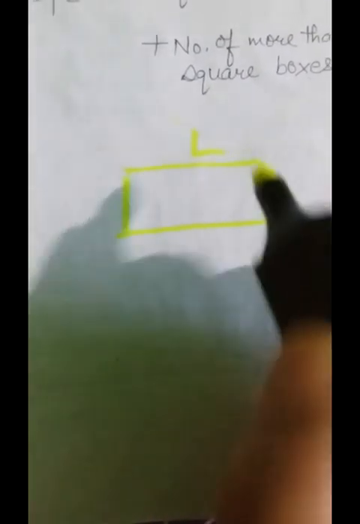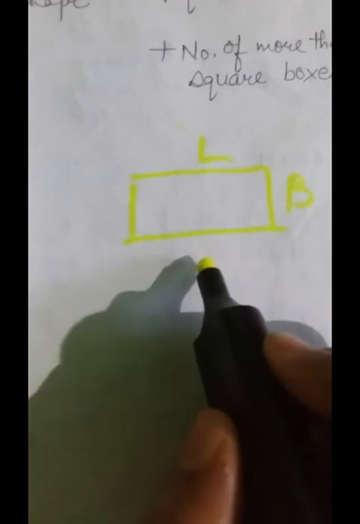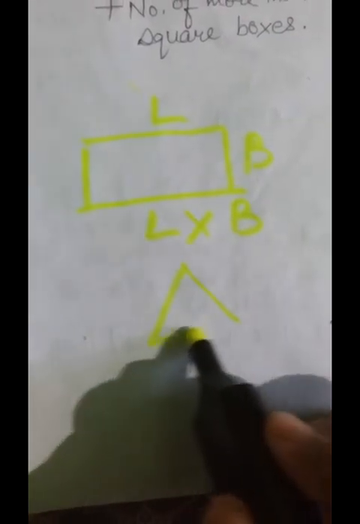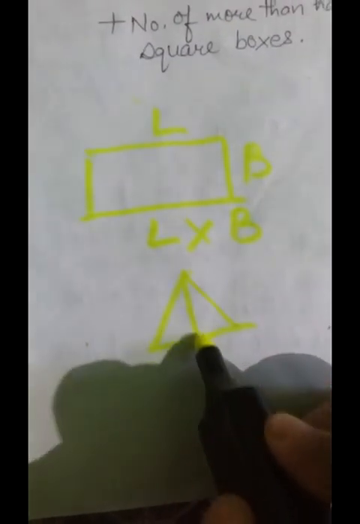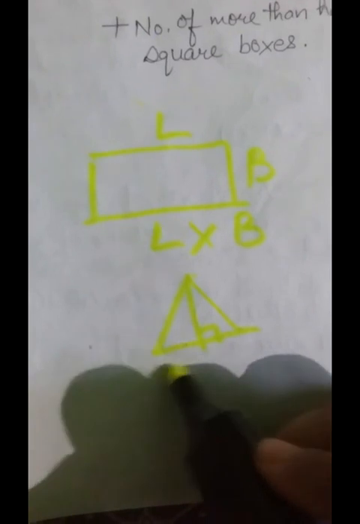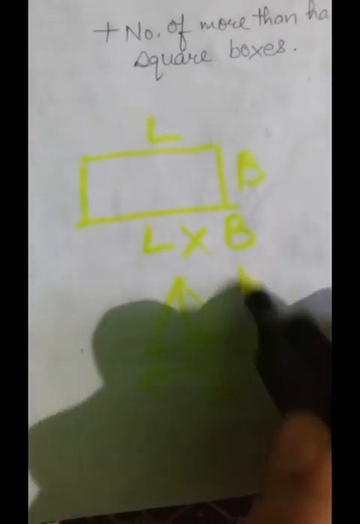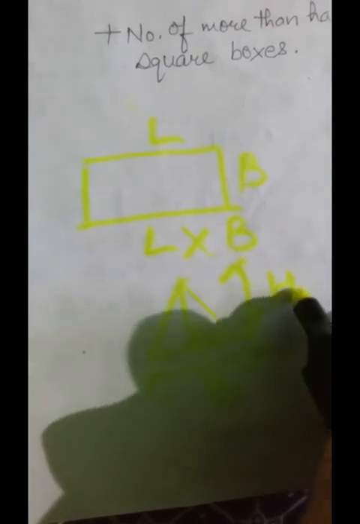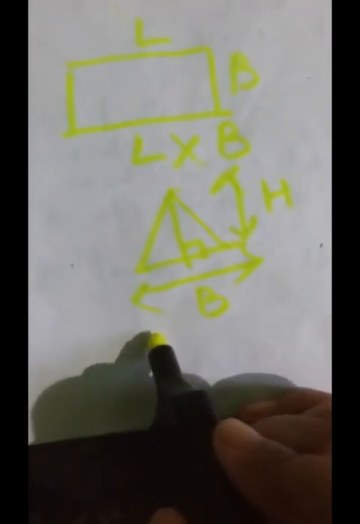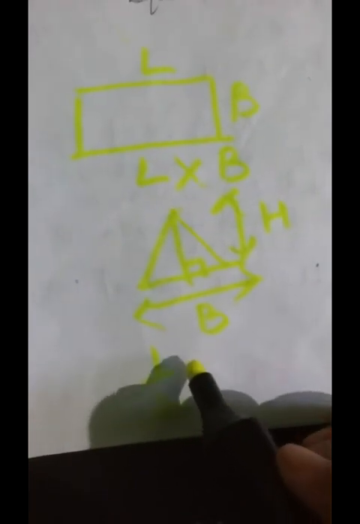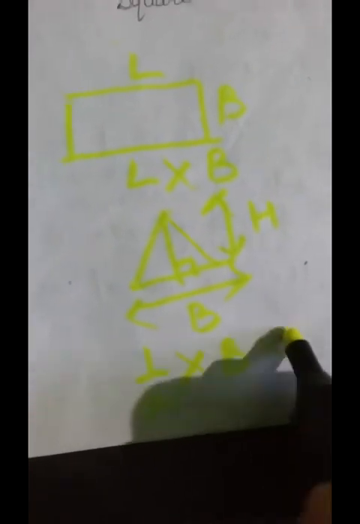It has a longer side L and a shorter side B, and its area is given by length into breadth. And if we take a triangle, this is the base and this is the height. So its area formula is half base into height.